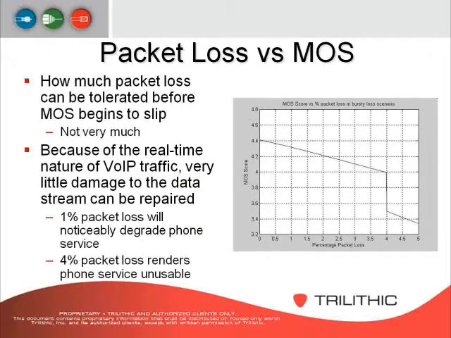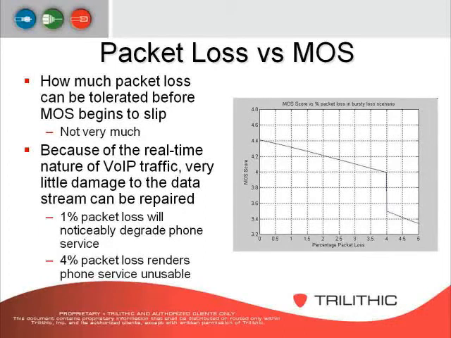So if you look at the graph on the right side, your vertical axis is your MOS score. And then going across the bottom axis, or the horizontal axis, is the percentage of packet loss. So if you look at a MOS score of a 4, you can see that your packet loss is at 4%, and that's where it starts to drop off.